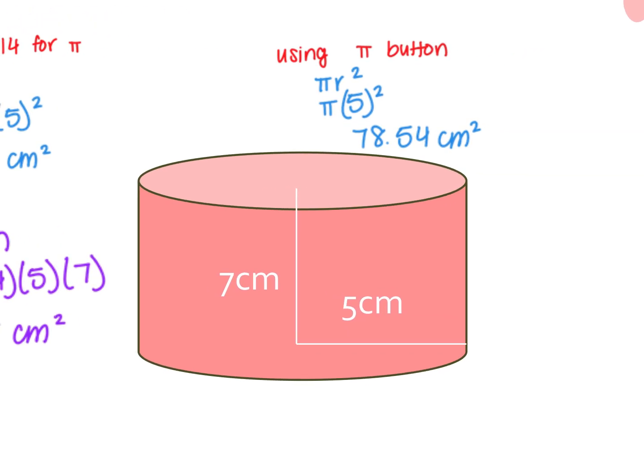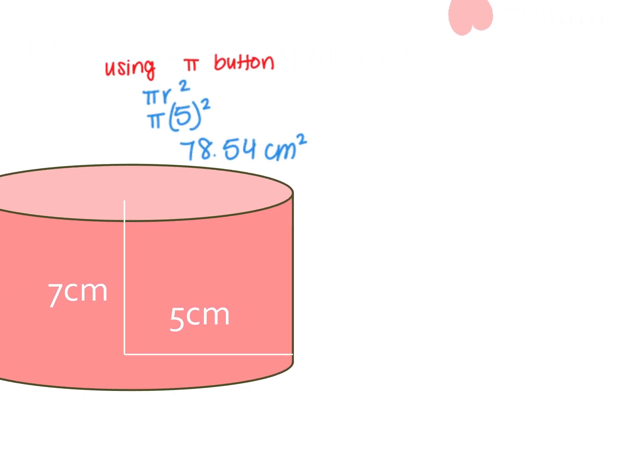And then my last one is using my pi button. I'm still going to use 2 pi r times my height: 2 times pi times 5 times 7, using the pi button on my calculator, rounding to the nearest hundredth.